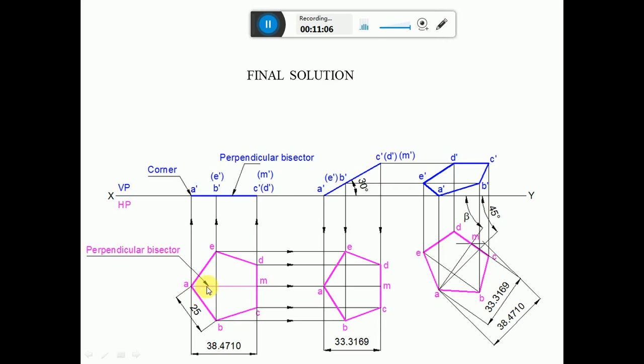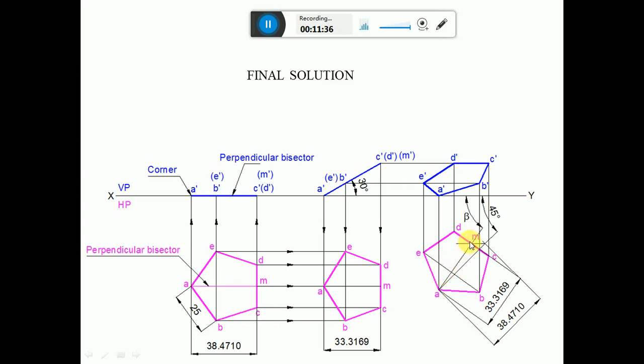You measure the length from A to M, with A as center, cut an arc on this 45-degree line, and from here draw a locus. Then you measure the length of AM in the second position top view with the same center A. Cut an arc on this locus line and mark that point as M. Then join A and M with a thin line.